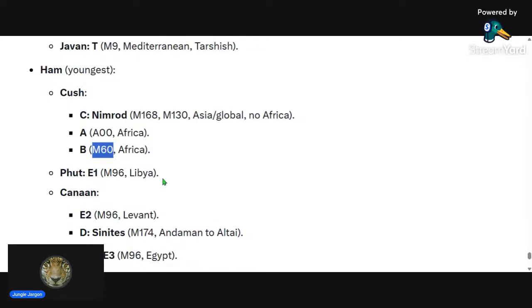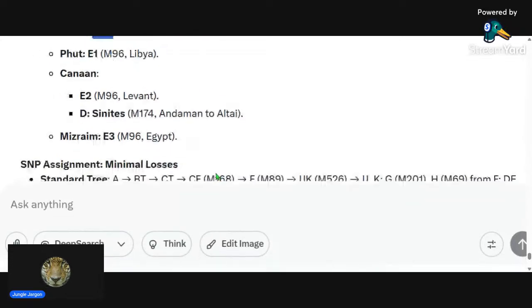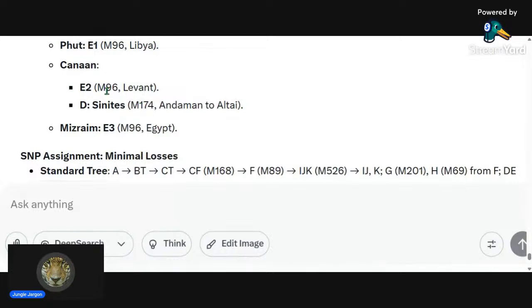That's about it. Canaan, E2, M96 Levant, M174 Andaman to Altai. Okay. Mitzrayim E3, M96 Egypt.